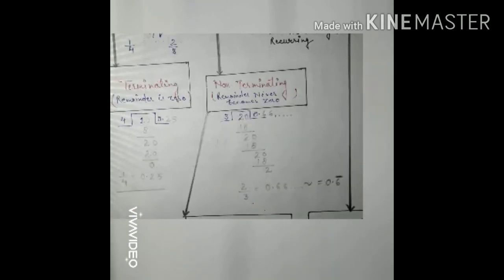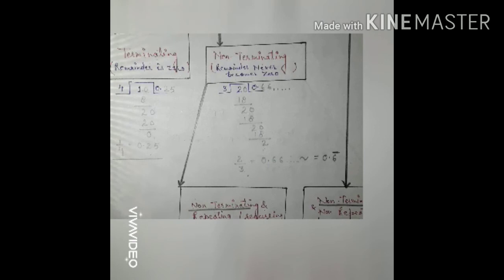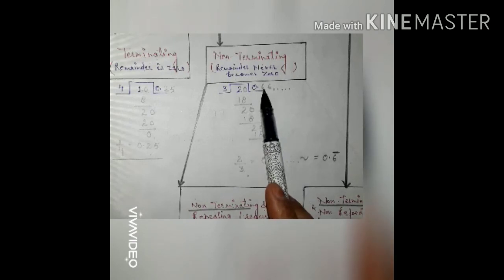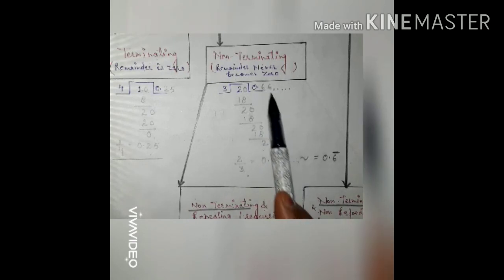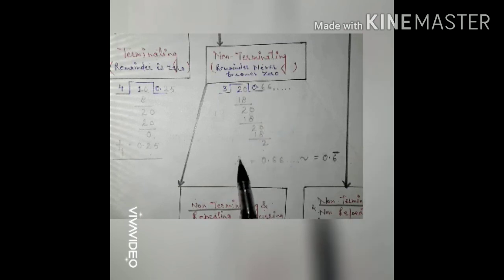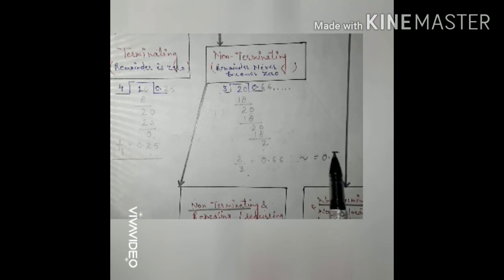But in this case there is one thing you can see: the digit in the quotient is repeating. Every time we divide, it goes on with 6. That means we can write 2 upon 3 as 0.6 with a bar on the 6. The bar represents that the digit goes on and does not end. In non-terminating decimals, two cases arise.